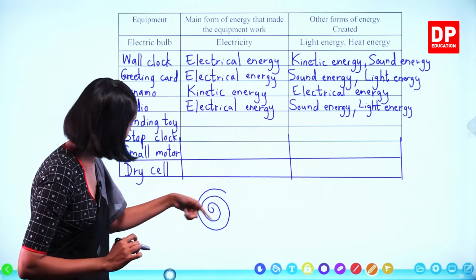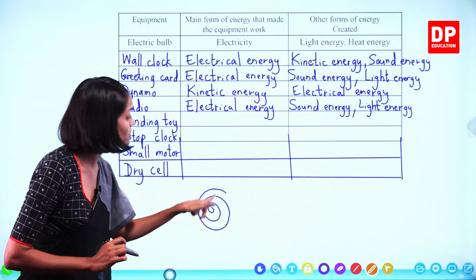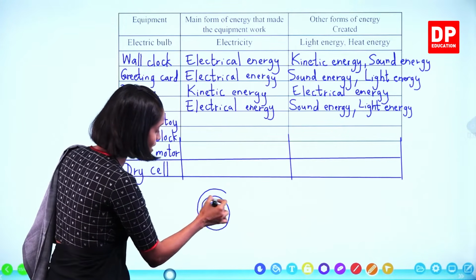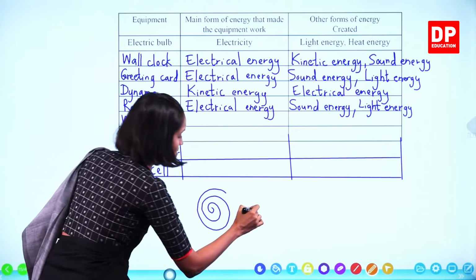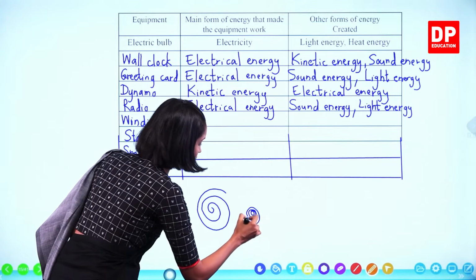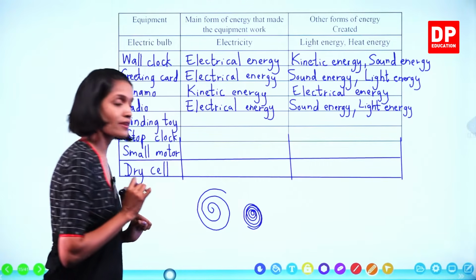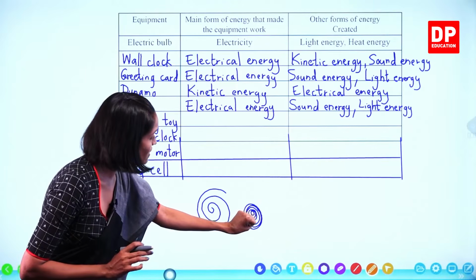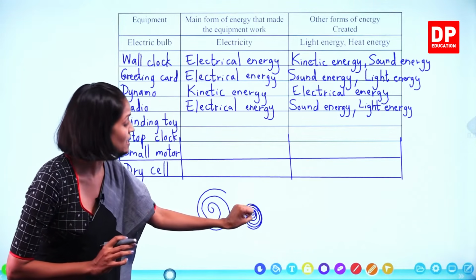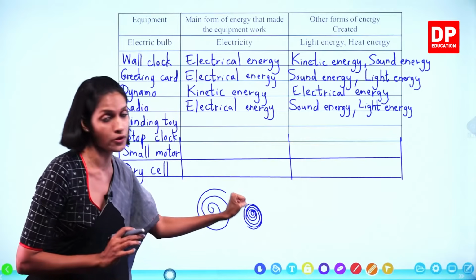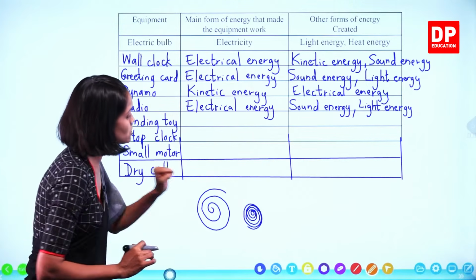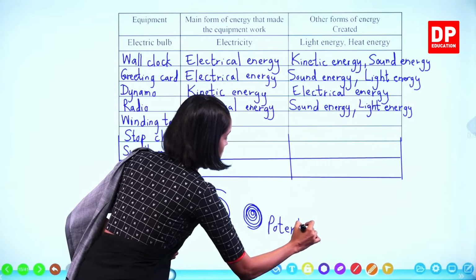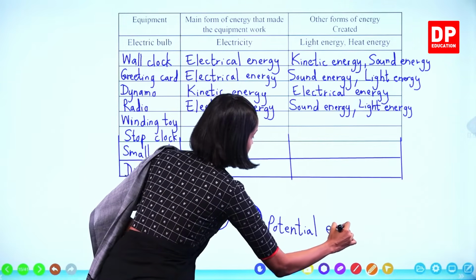So using this key, you wind up this spring, right? When you wind it up, these small rounds get closer to each other, like this. Right, children? When they get closer to each other, a certain type of energy is stored inside this spring. That energy is known as potential energy.